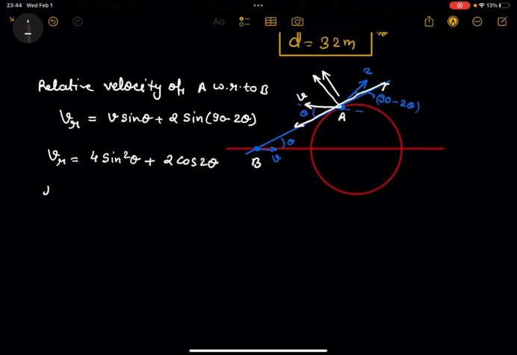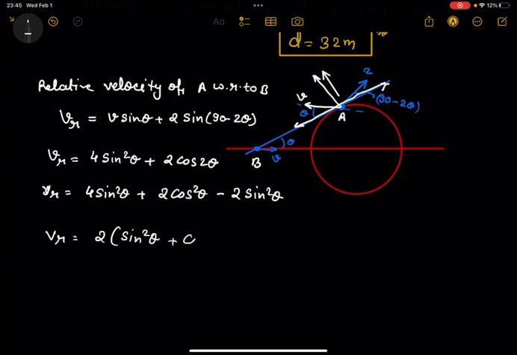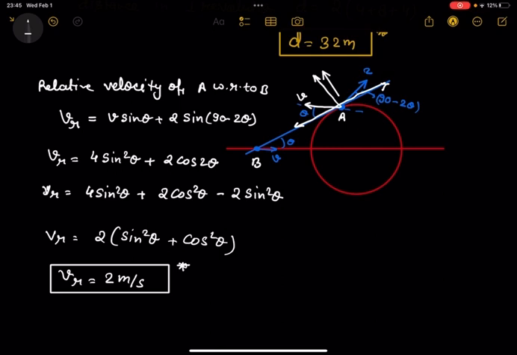So you can write VR is equal to 4 sin²θ plus 2 times (cos²θ minus sin²θ). So the relative velocity is 2(sin²θ plus cos²θ). So now the relative velocity is 2 meter per second. So this is the relative velocity.